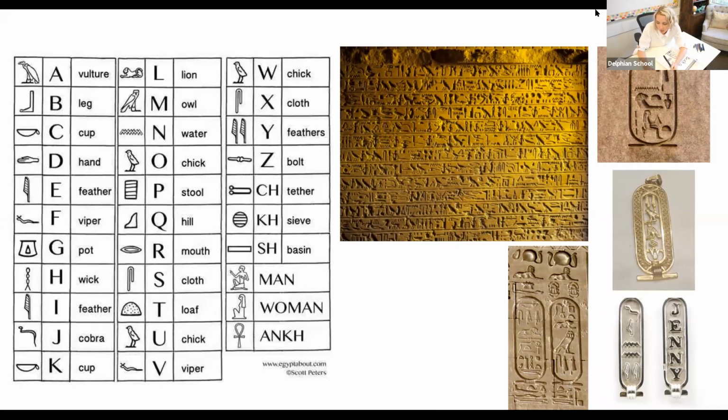Why do they wear the eyeliner? The eyeliner was a nod to the gods, and it was just kind of a way of showing that they were gods. Lion, feather, bolt, vulture. Ooh, those are some cool symbols that are for your name.